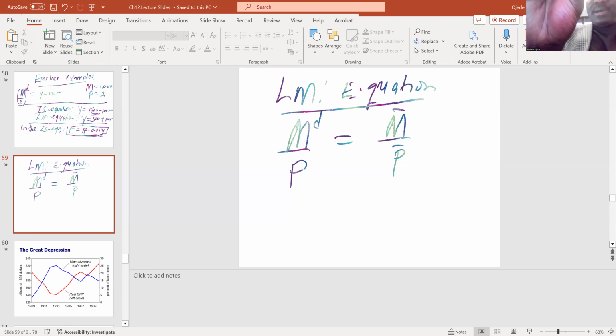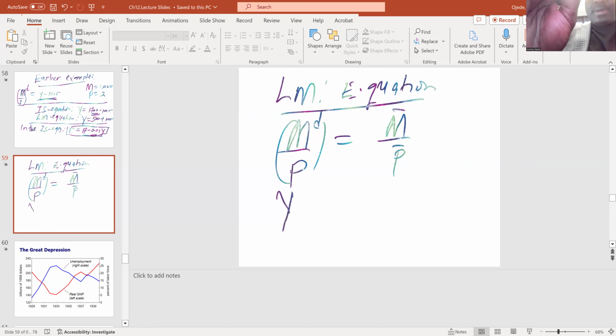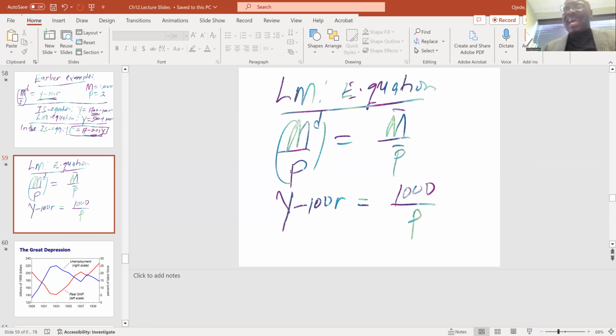So my money demand function, which is given in the problem, I'm going to substitute it here. So that's Y minus 100R must equal M, which is 1,000, but I don't substitute P. That's what I mean by an undetermined price, because P has to remain in the function. Now, this is your LM equation, but without substituting for P.